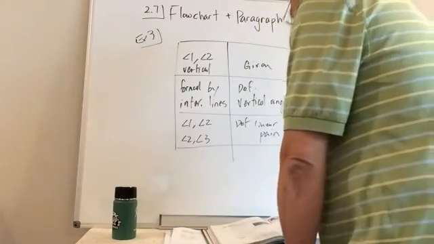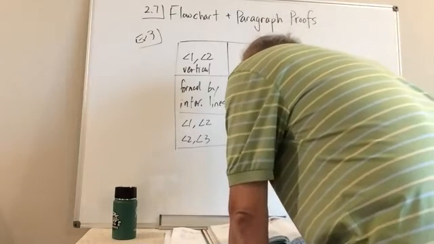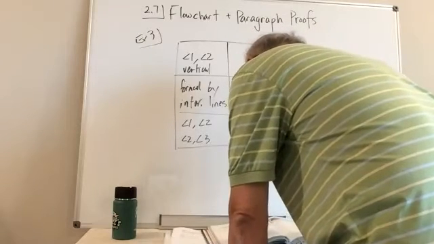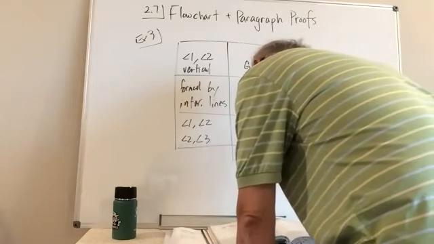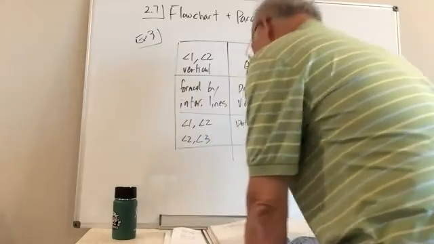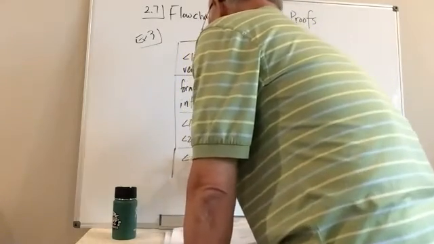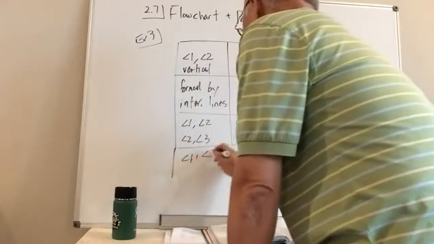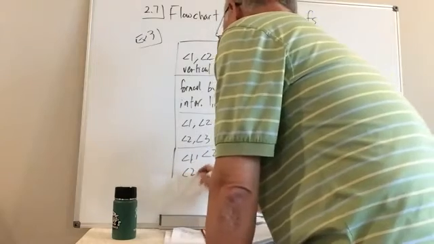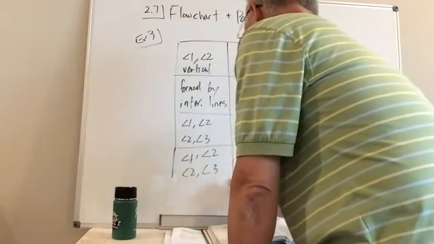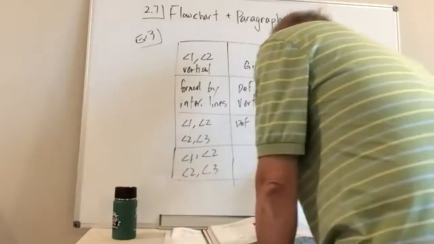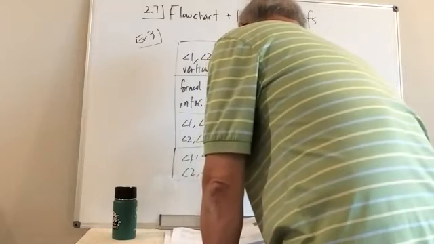Then, reading along, it says by the linear pair theorem, angle 1 and angle 2 are supplementary, and angle 2 and angle 3 are supplementary.